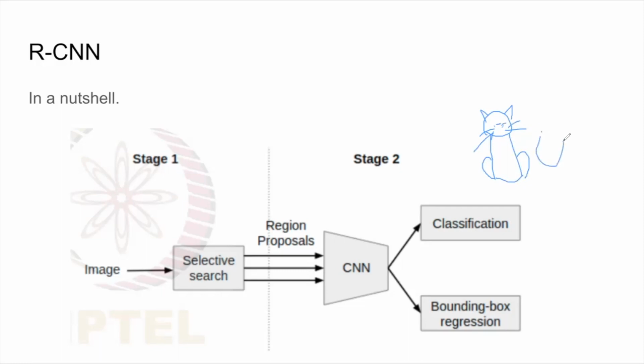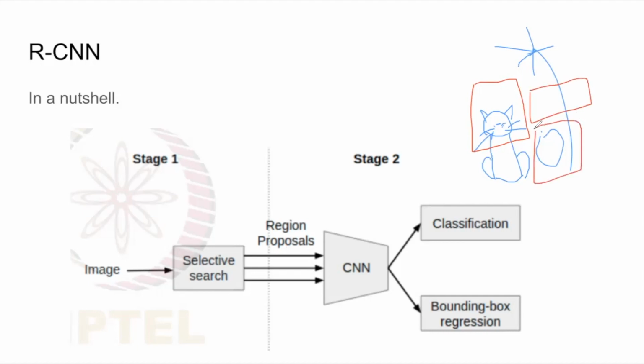And there are some other objects as well, like a ball, a tree on top, and something like that. Let's say the region proposals that came, one region proposal came like this. There are some other region proposals as well, which think that there is an object. Some of them are true, some of them are not true.